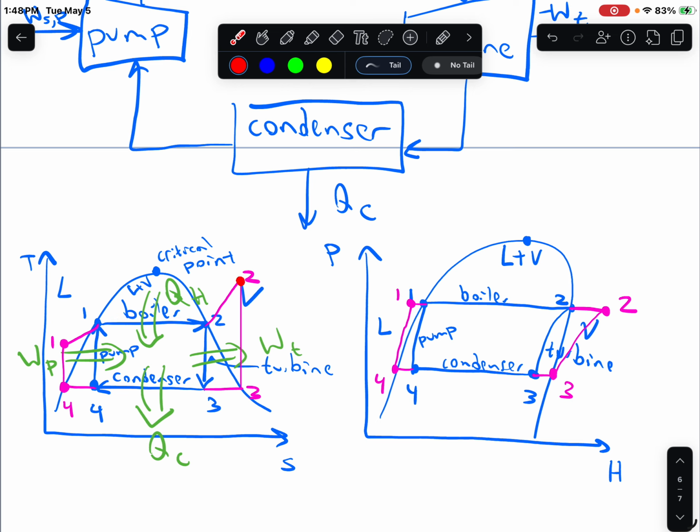But it has to operate this hot in order to get the temperature this high. So we're going to have some pretty large temperature gradients, right? So maybe even this big, right? In the boiler. So that's clearly not a reversible process anymore. So the efficiency will technically be lower, but it'll be more practical to build it.